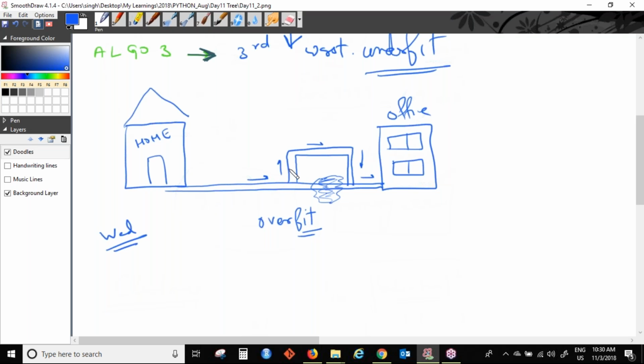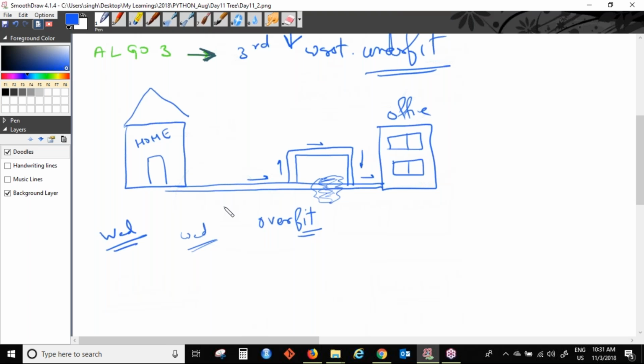So that means every Wednesday you will take this path, which is wrong. It was not due to the day of the week, it was due to the rain that happened. So this is a noise. Wednesday taking a path is a noise in your data. This is not a pattern. You will not want your model to catch this. But an overly complex model will catch this information also, which is wrong.